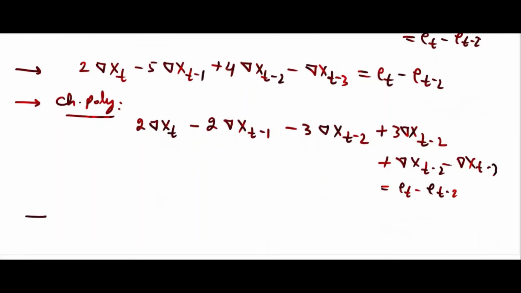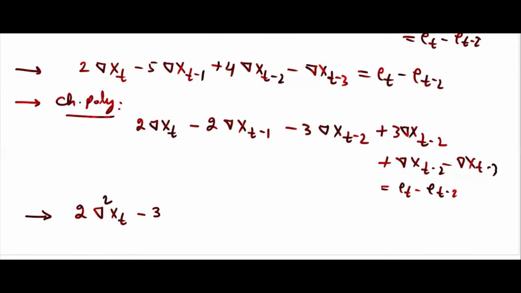Then in the next step, if you see, you take this one, 2 common, nabla x_t minus nabla x_{t-1}, that will be nabla square x_t, and the second one is 3. If you take 3 common, nabla x_{t-2} minus nabla x_{t-3}, x_{t-2} minus x_{t-3}, what I have written, minus 2x_{t-2}, then minus 3 I have taken common, right?